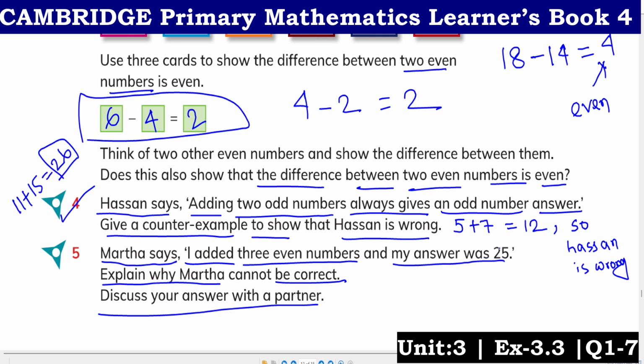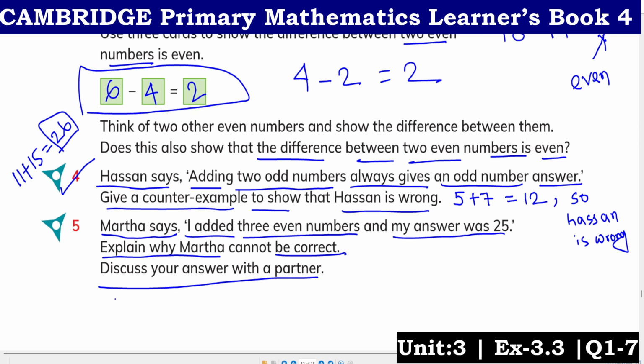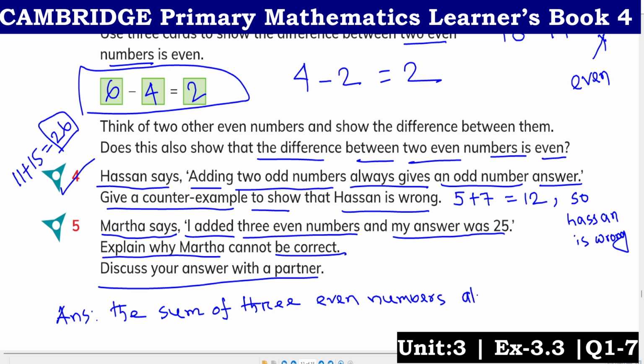Why? Because the sum of 3 even numbers is always even. We can write the answer: the sum of 3 even numbers is always even.